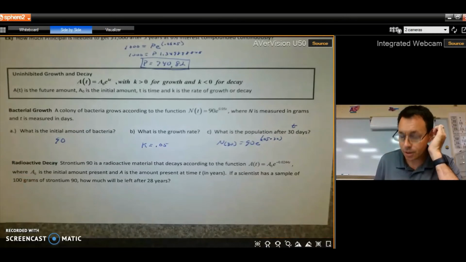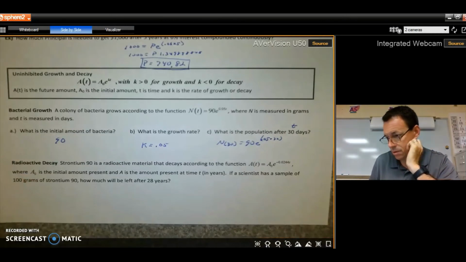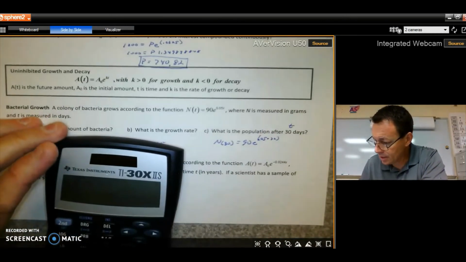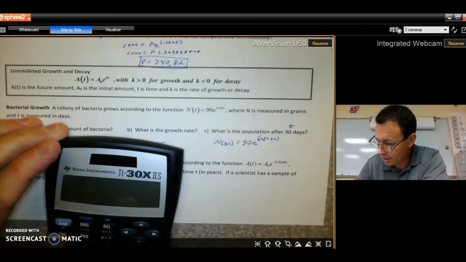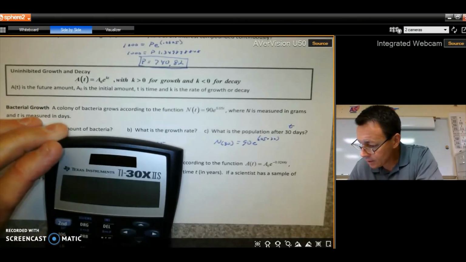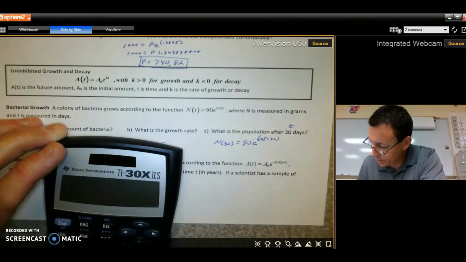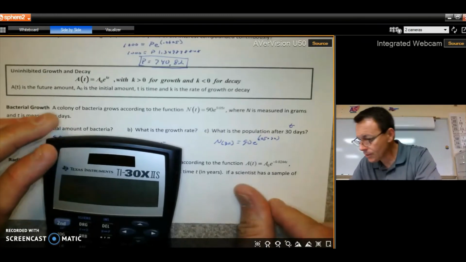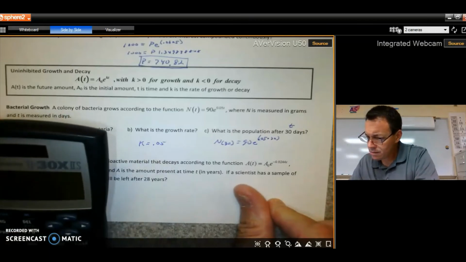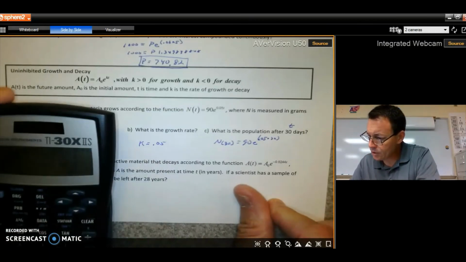And again, you're just going to plug that in your calculator. Okay, once we've got it all plugged in, it's going to be 90 times e to the 0.05 times 30. And I have 403.